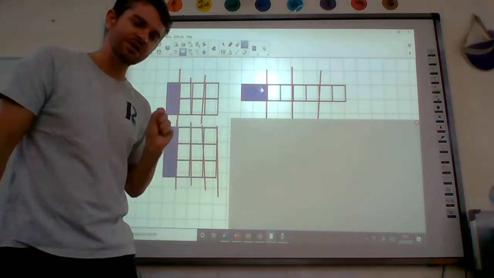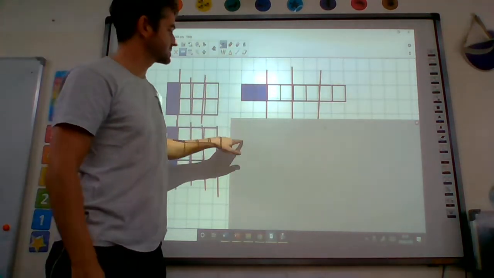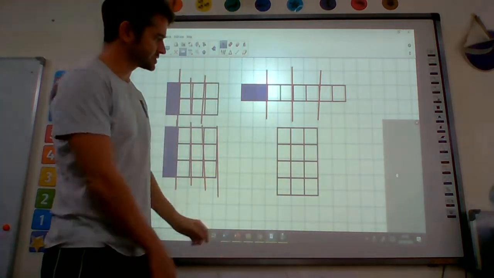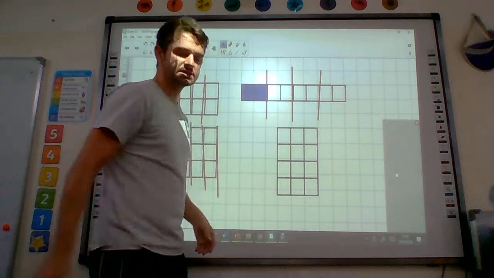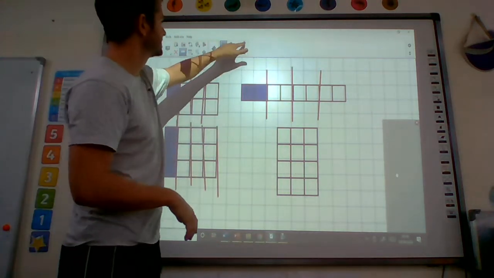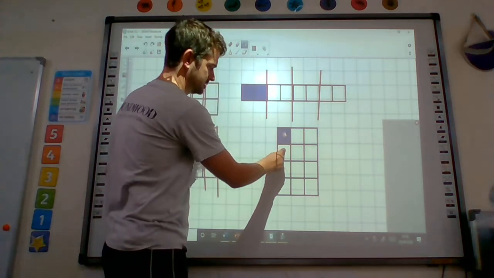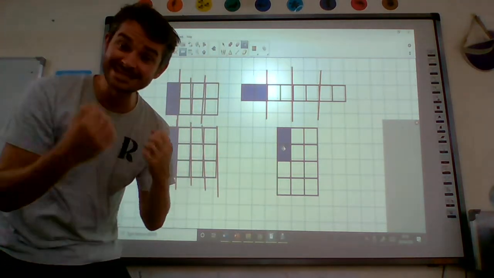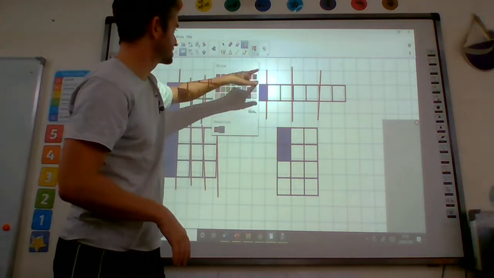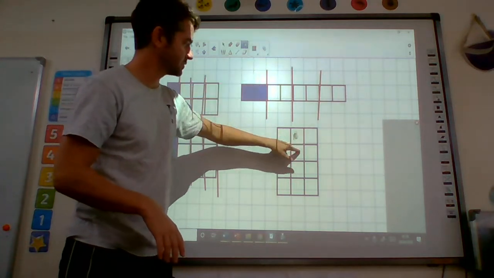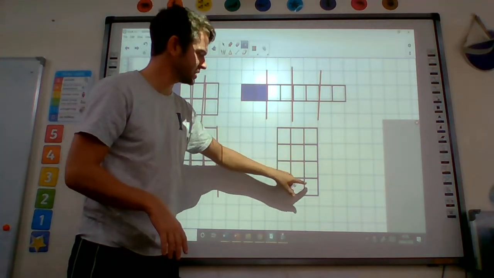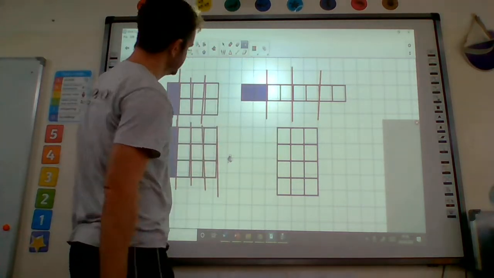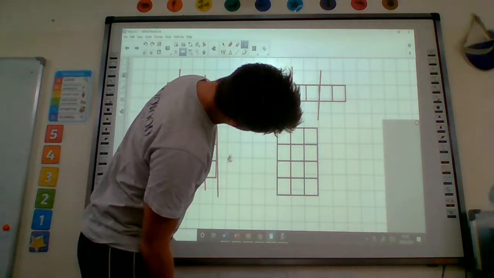The one that people found tricky was the ones that look like this, when we've got 3 across, so we can't straight away see 4 equal groups, and lots of people were trying to work out how many, and it was difficult to see those equal groups. Sometimes with fractions, just like with shapes, it helps if you turn your head and look at it from a different perspective.